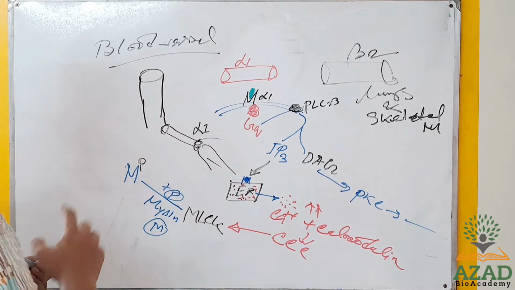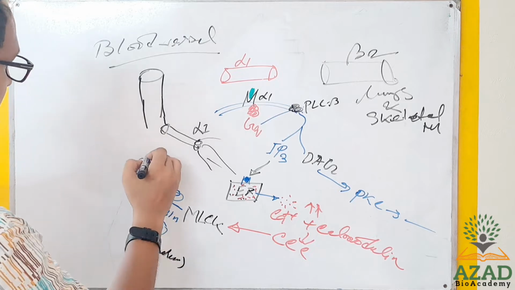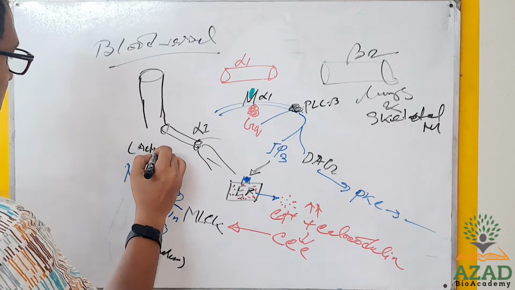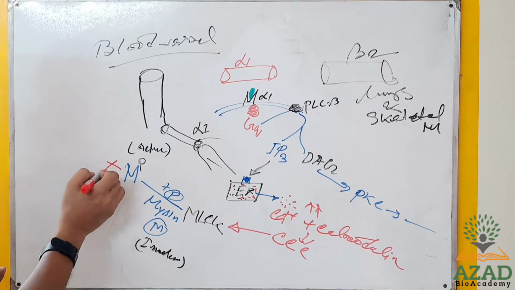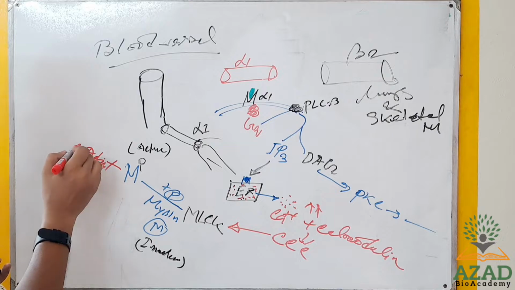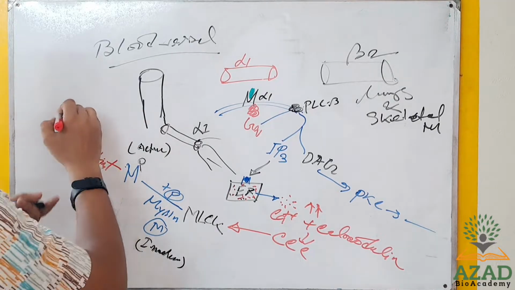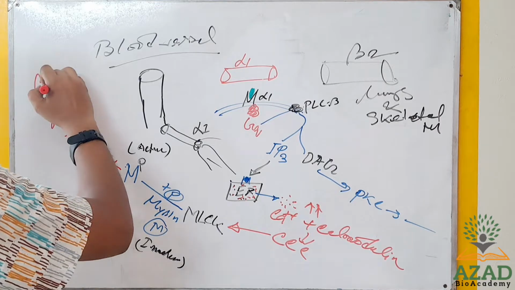Phosphorylated myosin is active, and this is inactive myosin. And this is active myosin. Then active myosin, phosphorylated myosin will bind with the actin. Then what will happen? It will make actin myosin complex and make the contraction.